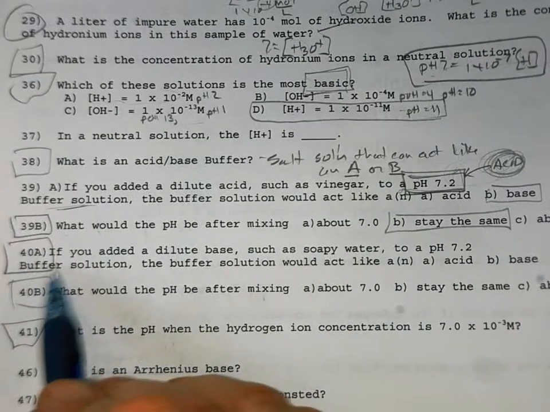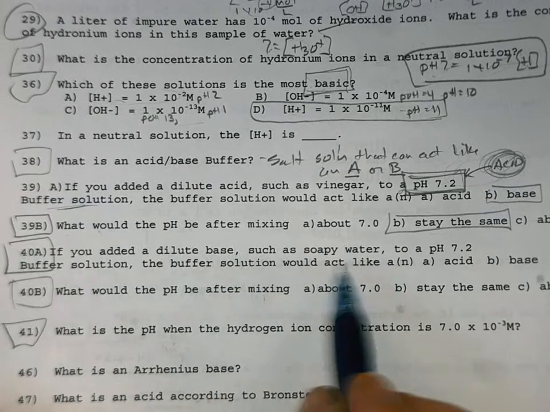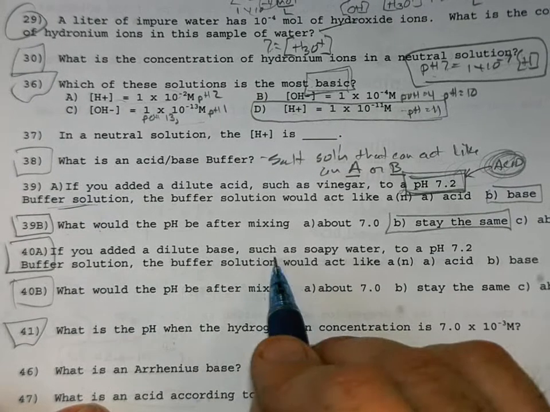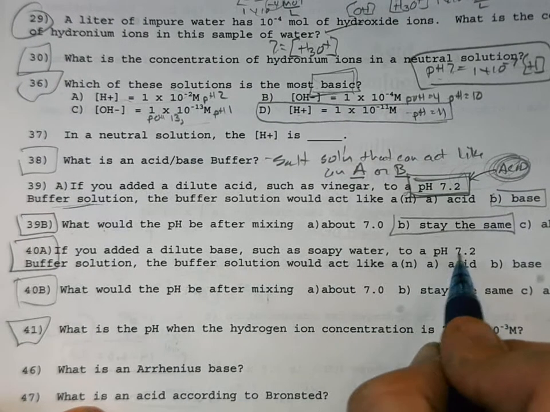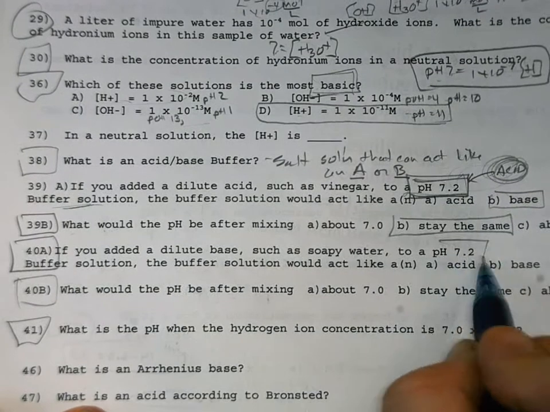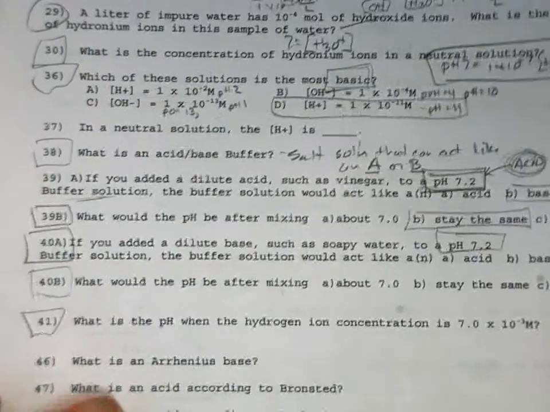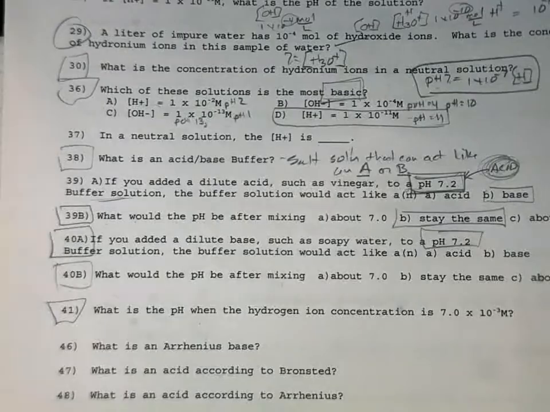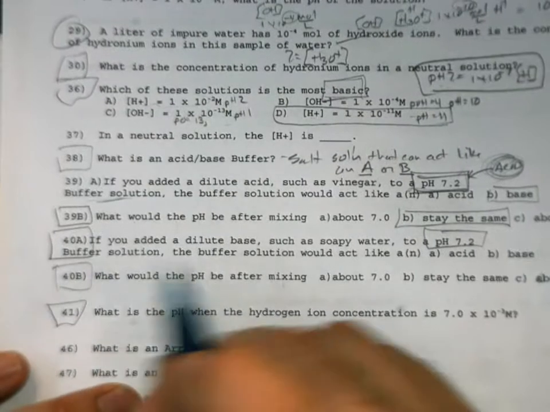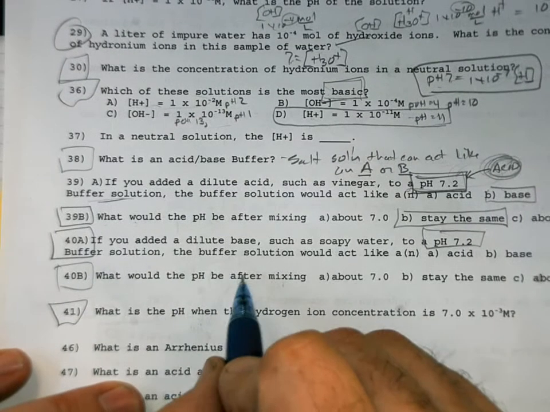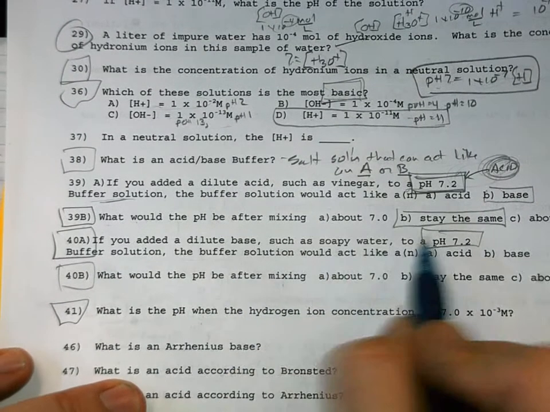Number 40, if you added a little dilute base, such as soapy water, to a pH 7.2 buffer, again, we're trying to keep that at 7.2 pH. That's what the buffer does. What's the question? Oh, so you added some base to this.